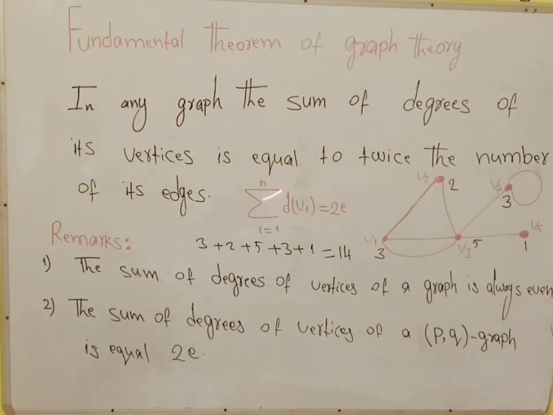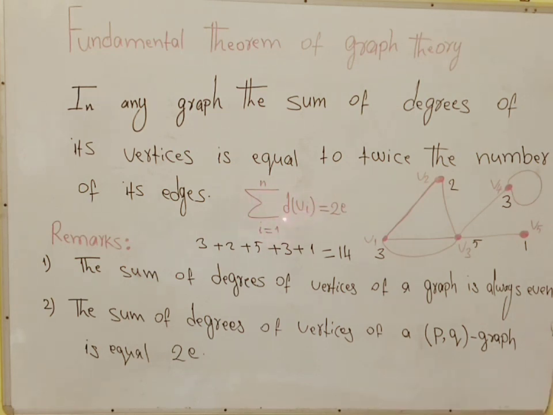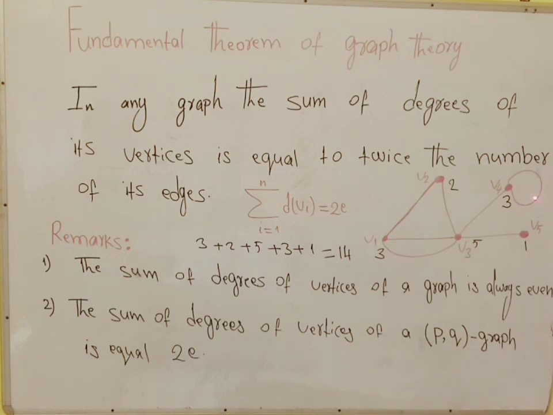This theorem says the sum of the degrees of the vertices of a graph is twice the number of edges. It means the graph has 7 edges: 1, 2, 3, 4, 5, 6, and the loop counting as 1 edge, 7.